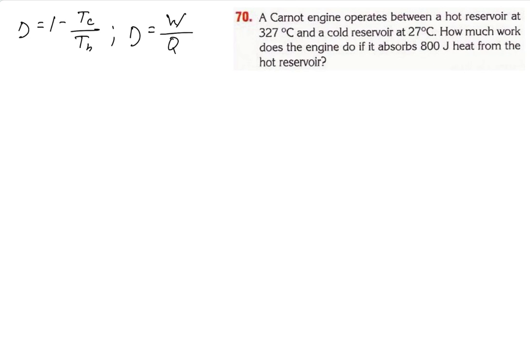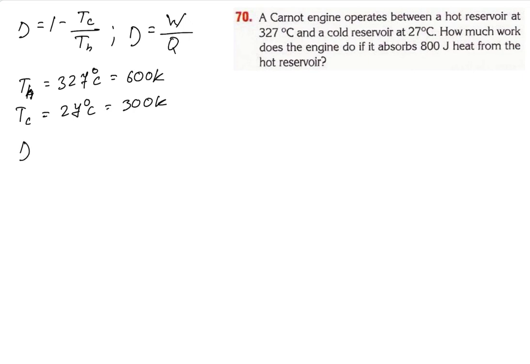So firstly we have to find the efficiency of this engine. We have temperature hot, 327 Celsius or 600 kelvins, and we have cold temperature, which is 27 or 300 kelvins.